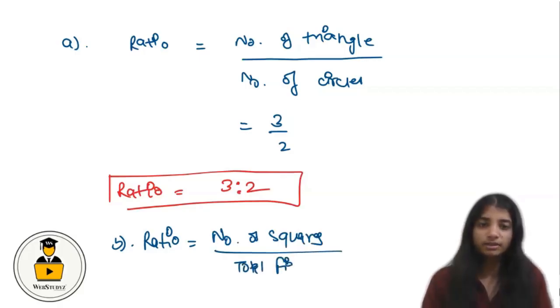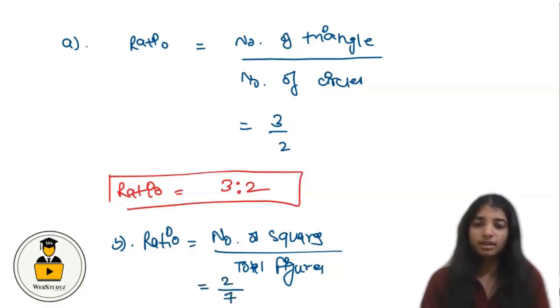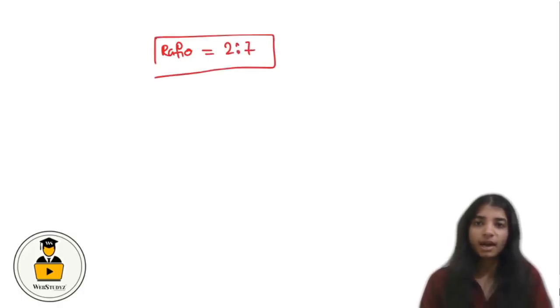As we just calculated, we have 2 squares and a total of 7 figures. So the ratio of squares to the total number of figures is equal to 2:7. This is the answer to part B of this question.